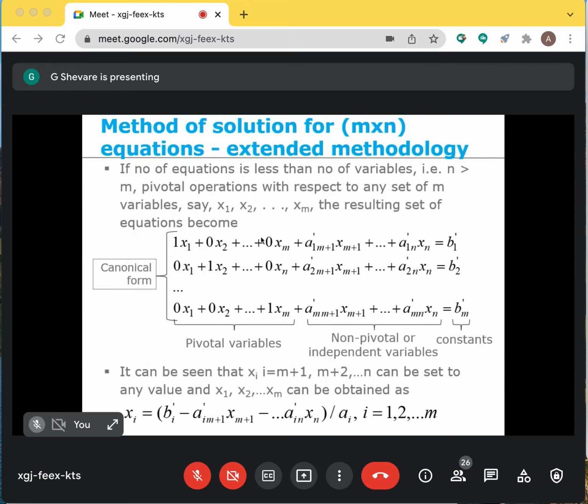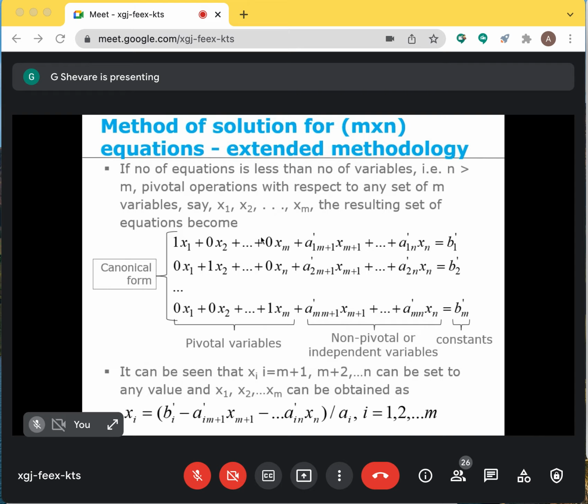Now let us have a look at how this pivotal operation can get used in a linear programming problem. In a linear programming problem, the number of design variables happens to be n, but the number of equations is not n but m. So those equations are written down in a so-called pivotal form.